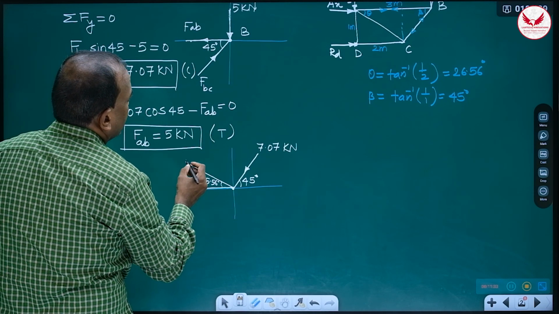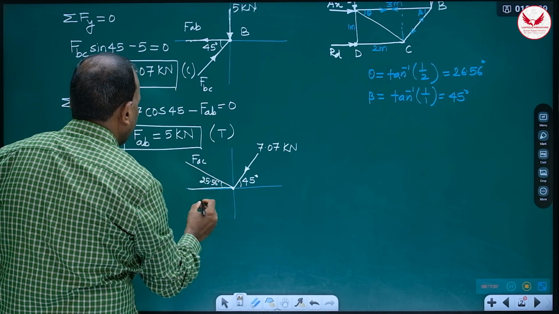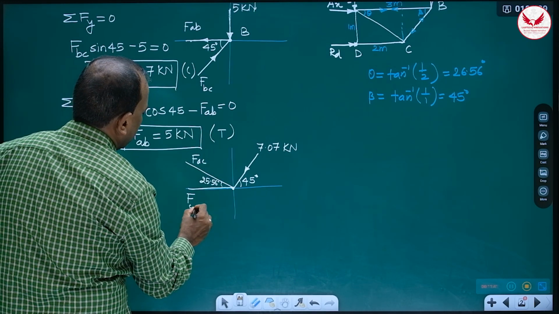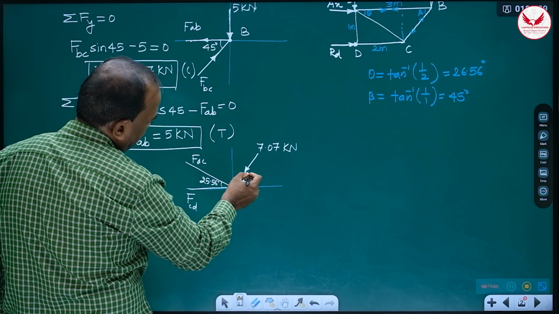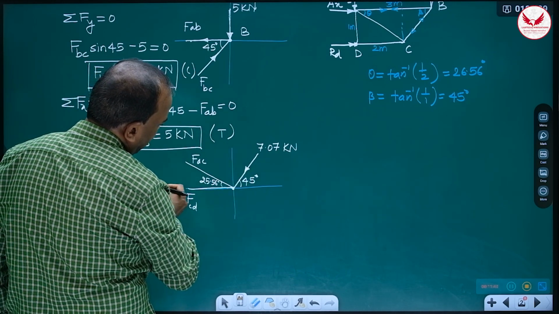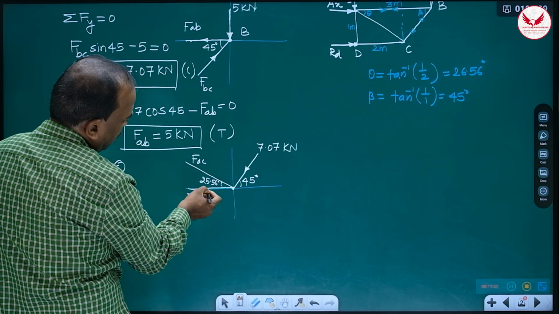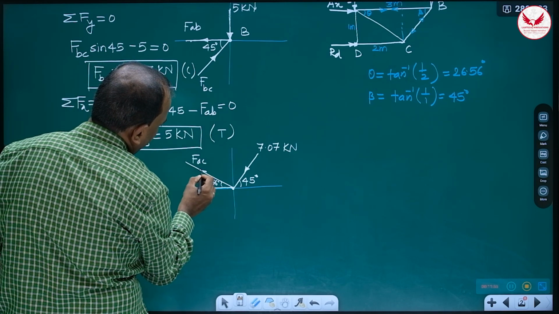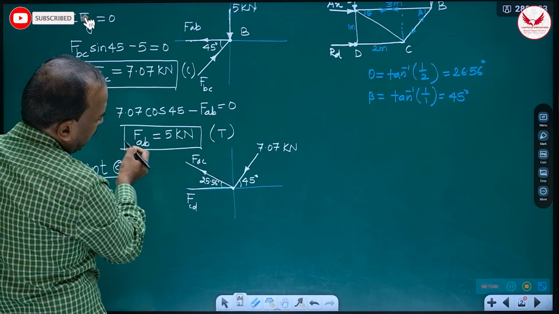So this member is FAC, and this member is FCD. Now, BC is towards the left or downward, so this cannot be upward. So this member should be upward, and if it is upward, automatically it becomes tensile.